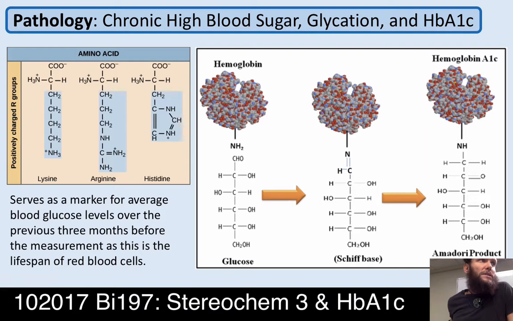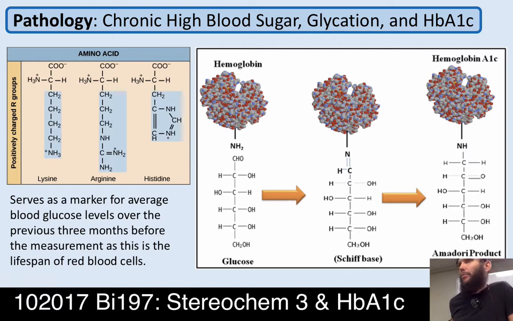So it gives you this hemoglobin, called Hemoglobin A1c. A1c is just a label in reference to how this hemoglobin was first isolated, on what's called column chromatography. That's not important. But it's a type of glycated hemoglobin.